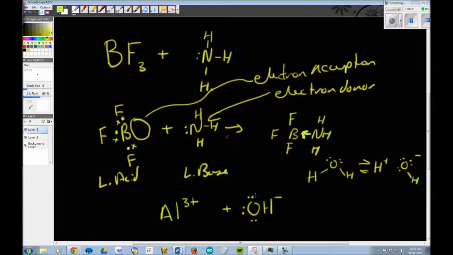So this is clearly a base. And what will happen is you can actually associate aluminum like this with 4 OHs. So in this case, the aluminum 3 plus ion, I guess just an aluminum ion, is actually considered to be a Lewis acid.